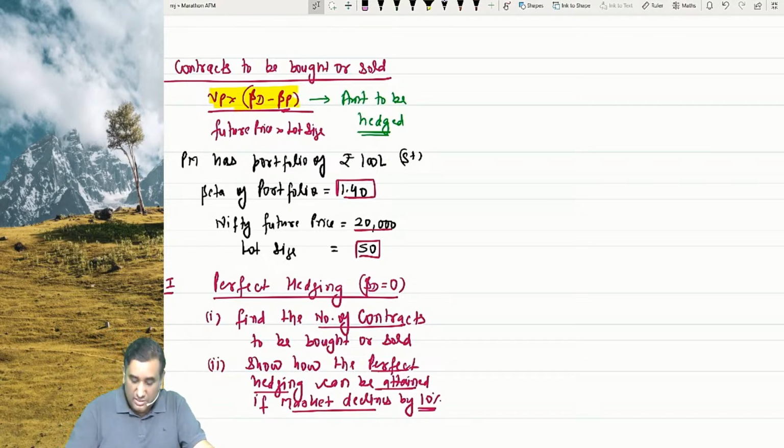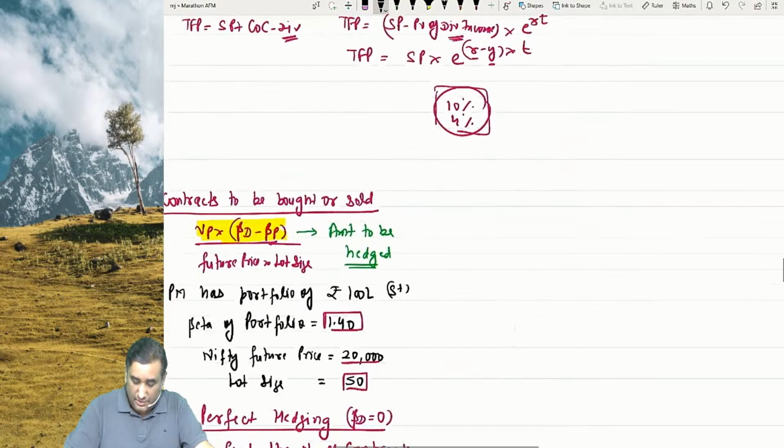First part is the number of contracts. Since you are already plus, the answer would come in minus. Number of contracts to be calculated.